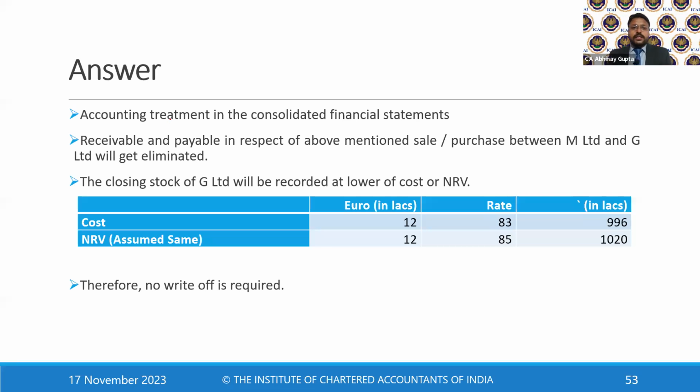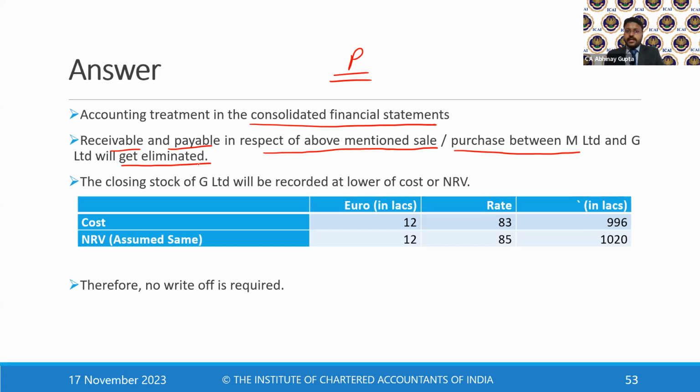Now, in the consolidated financial statements, the parent company will be preparing the CFS. So in the consolidated financial statements, receivable and payable in respect of the above mentioned sale or purchase between M Limited and G Limited will get eliminated, right? The closing stock of G Limited will be recorded at the lower of cost or NRV.